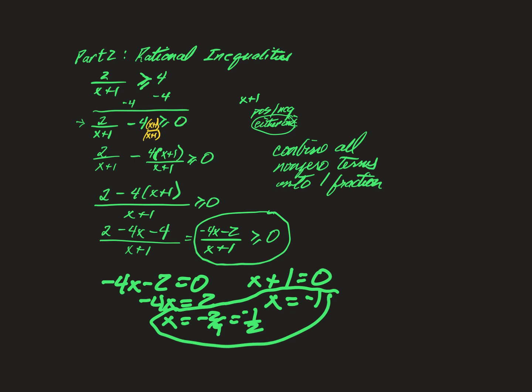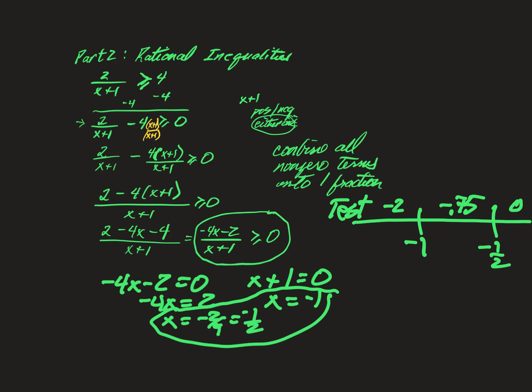So then I can make a number line. That number line has -1 and -1/2. There, I've split my number line up. I can choose test values. So let's pick -2, -0.75, which is between those two, and 0. And then we are going to want to write a conclusion when we're done.